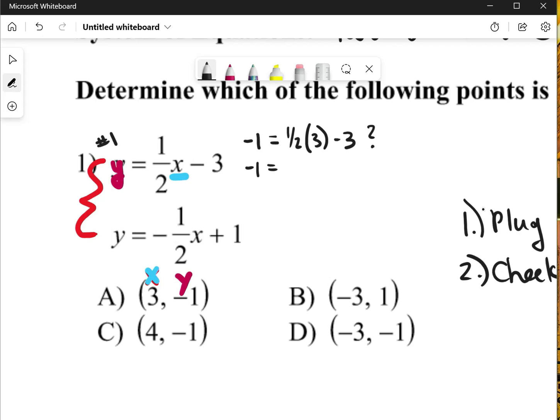Well, is -1 equal to 3/2 minus 3? And if you do 3/2 minus 3, you're definitely going to get a fraction of sorts. And -1 is equal to -1.5. That is not true. So as soon as one of them does not work, we know A is not an option.